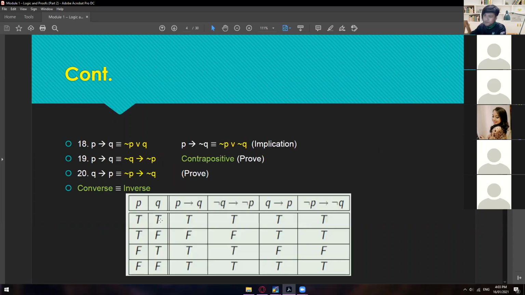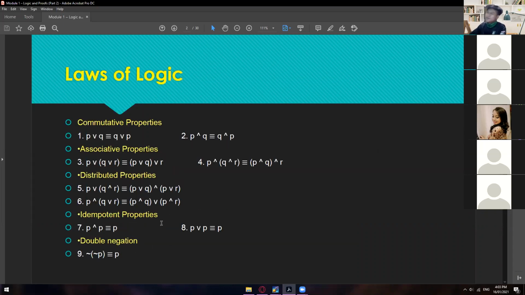So at first, if you're going to take a look at this one, yeah, there are so many formulas, but if you analyze them one by one, most of them are super easy to understand. Okay, and most of them don't really need to be memorized or analyzed, since with you guys having your previous knowledge from your math subjects, you already know some of these, especially distributive, associative, and commutative.